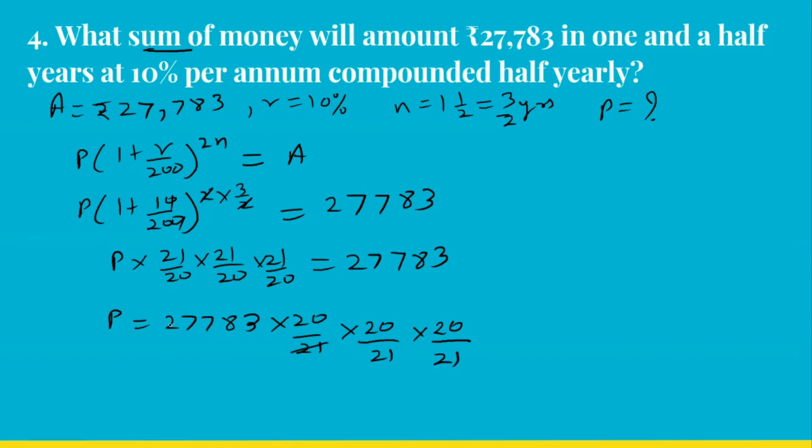When I divide 27,783 by 21, I get here 1,323. Again, when I divide this by 21, I'm getting here 63. And then 21 3s are 63. So we have 20 into 20 into 20, which is 8,000. 8,000 into 3, 8 3s are 24. So you get the principal as rupees 24,000.